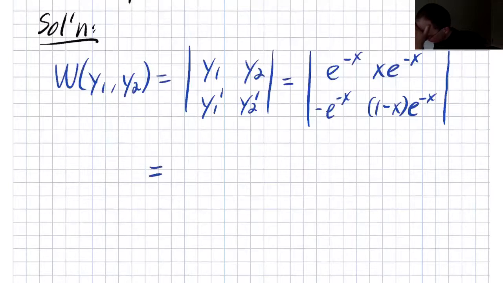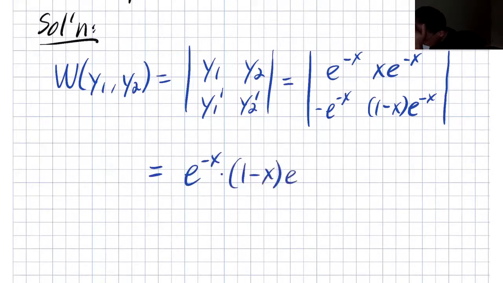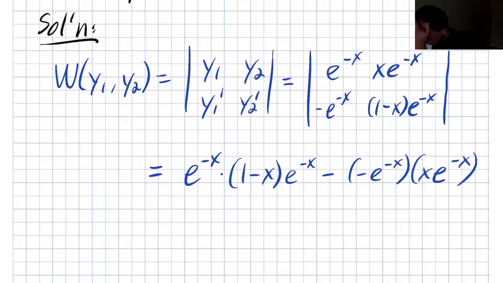So let's compute this determinant. We'll do this times this minus this times that. So this times this, minus negative e to the negative x times x e to the negative x.